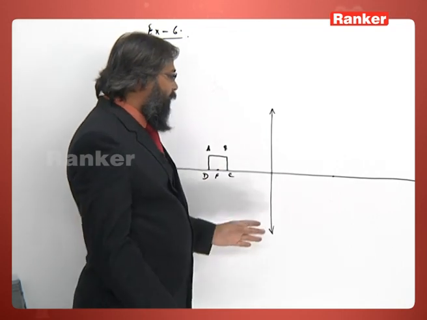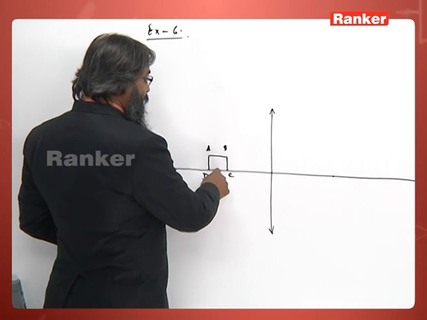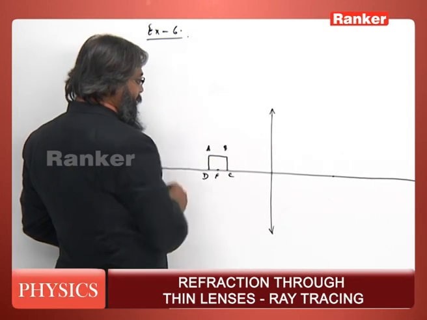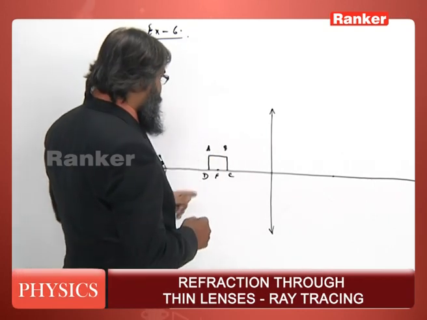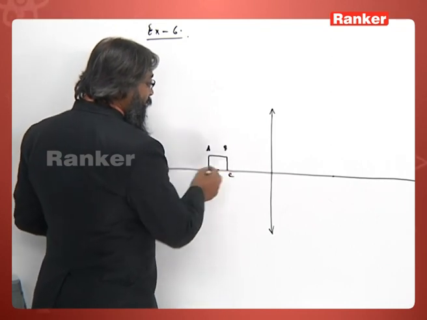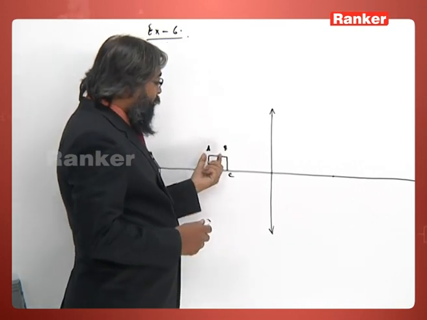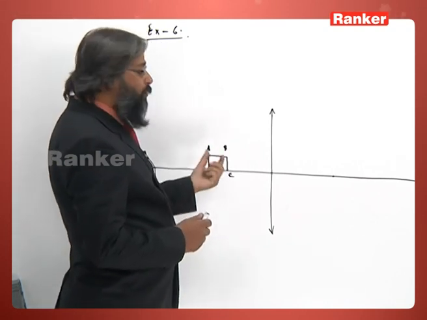This is my convex lens, converging lens, and very near to this we have a square ABCD such that the middle point of DC is on the focus. So how will the image of this square be formed?